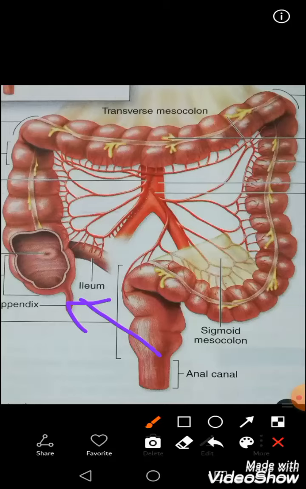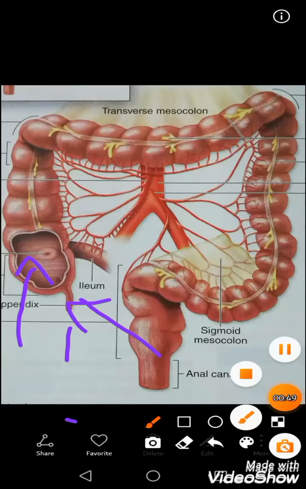They have to make the indigestible material into feces, and it is present basically as a blind ending tubular diverticulum of the cecum. You can see this is the cecum, and here you have seen the appendix.